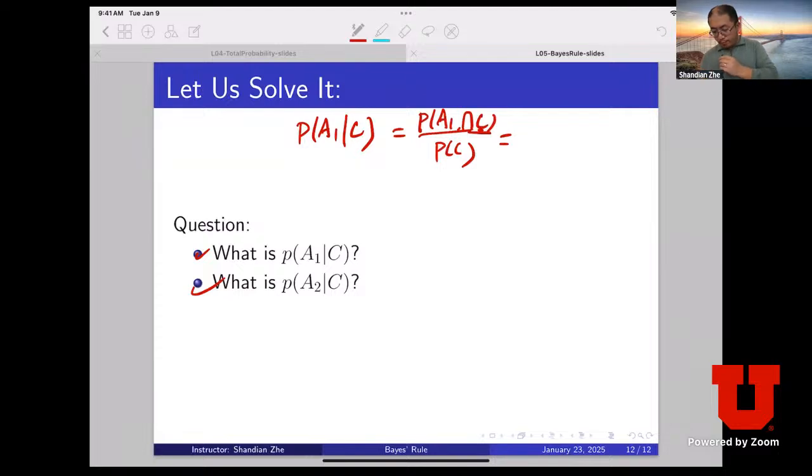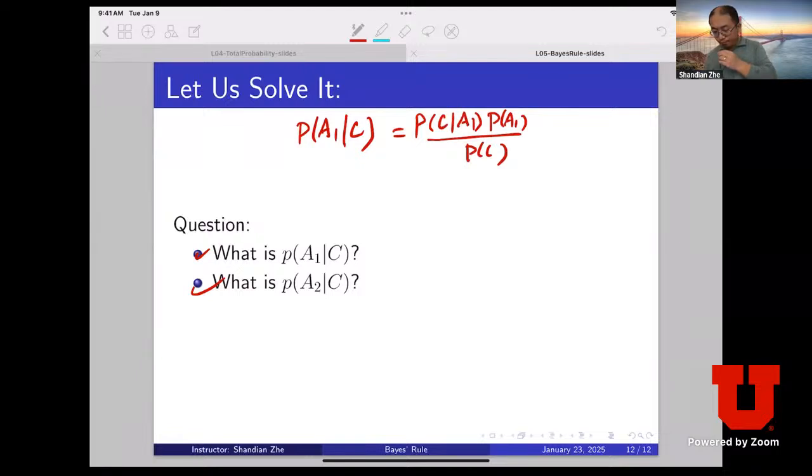When we leverage the Bayes rule, this equals the conditional probability of C given A1 times P of A1, divided by P of C. It's just the Bayes rule we have introduced.